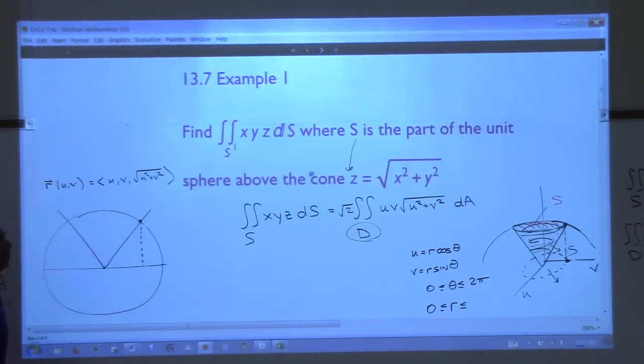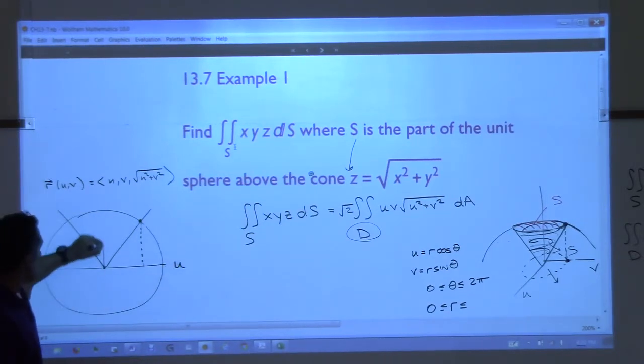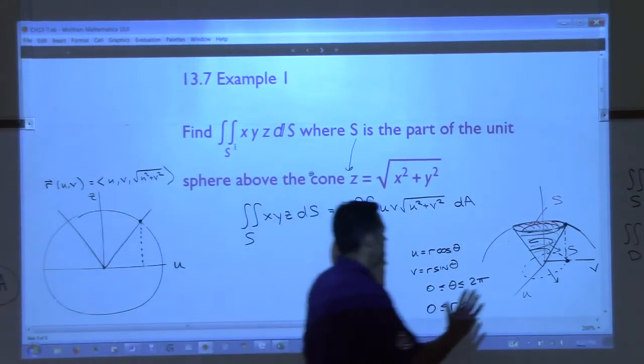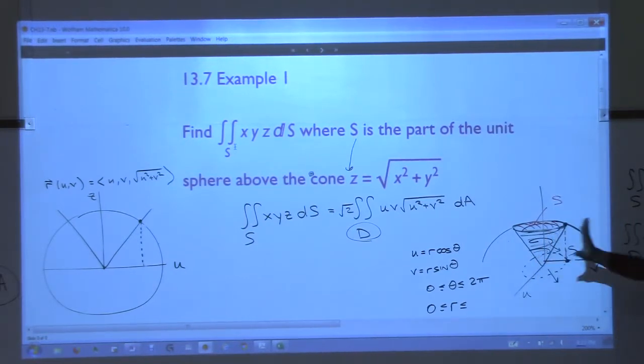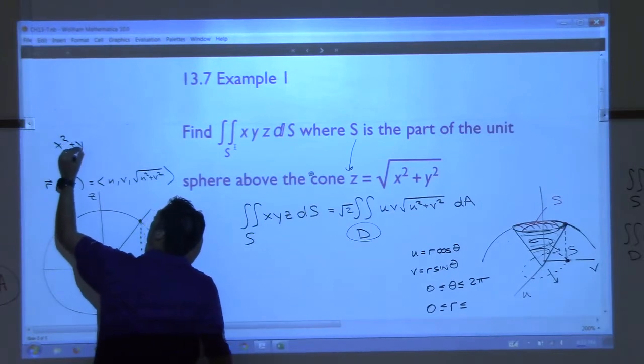If I call this U, and this is our Z, it's almost like cutting this in half and taking a look at a cross section. That would mean V is 0. If V is 0, I'm looking at a cross section. So look at the unit sphere equation. This is a unit sphere.